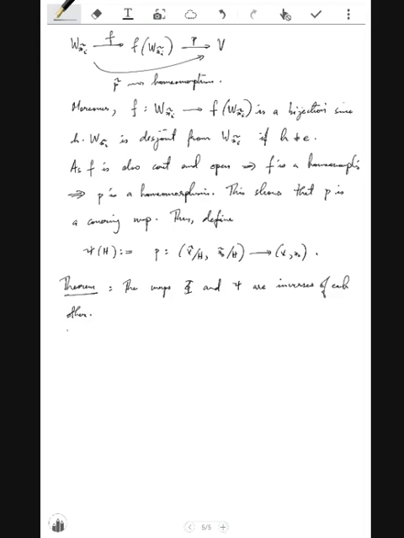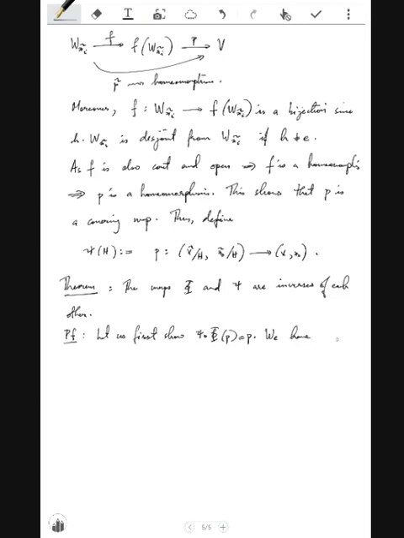So proof. Let us first show that psi composed with phi of p is equal to p.